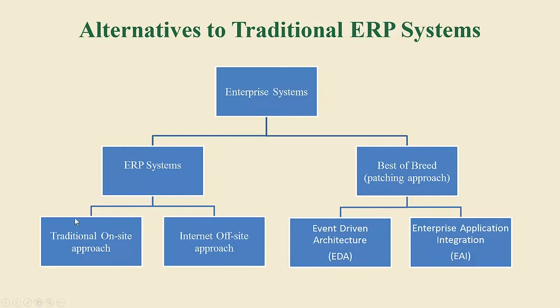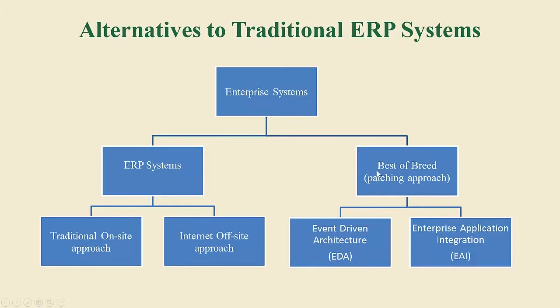ERP systems, we've been looking at the traditional on-site approach where the hardware and software is installed at the company's premises. Another approach to ERP systems is the off-site approach where the internet is used. In this case, you can have web-based or cloud-based approaches to that, and a lot of the software and hardware is not required to be on the company's premises.